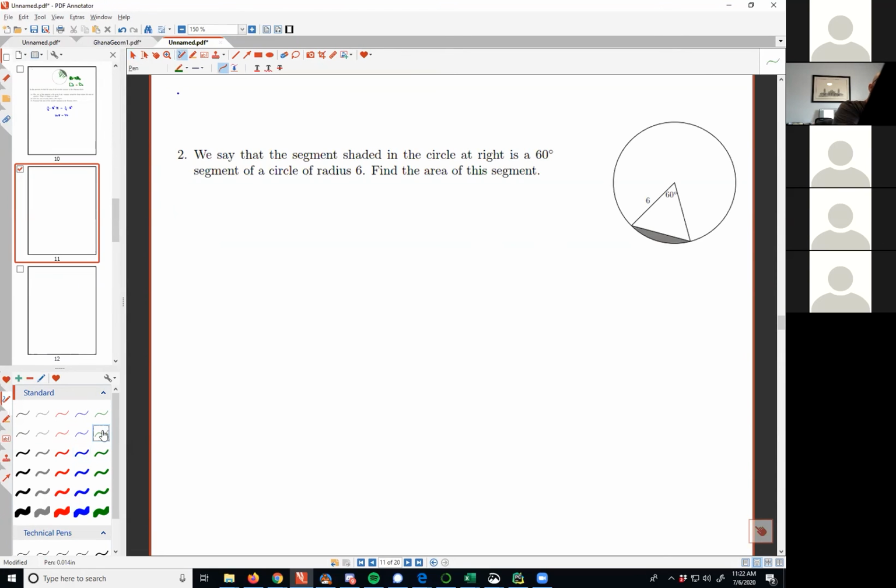So once again, we have a segment that is equal to a sector minus a triangle, and the sector's proportion of the circle is 60 out of 360. We take that fraction of the area of the circle, and then we subtract.